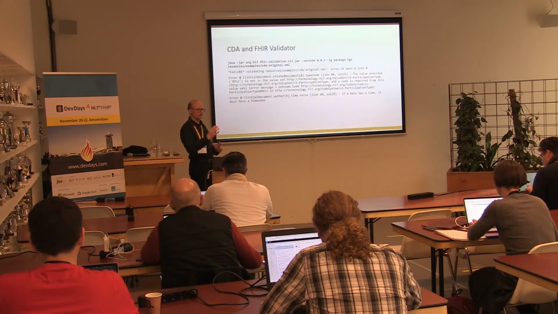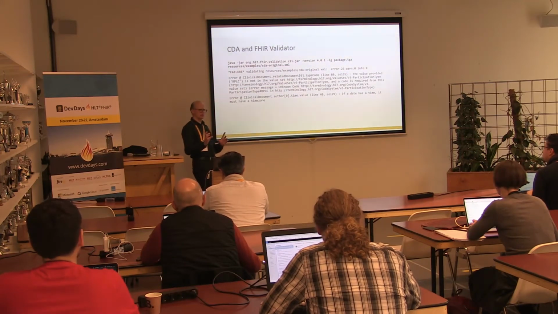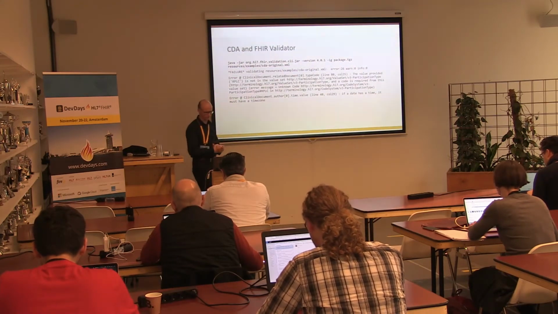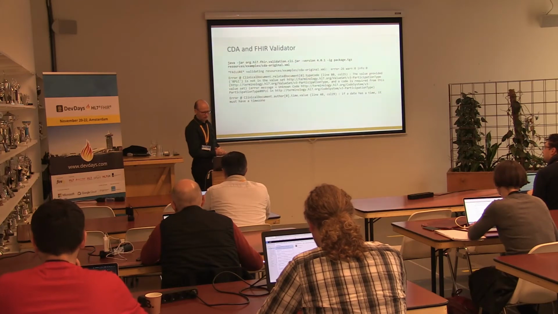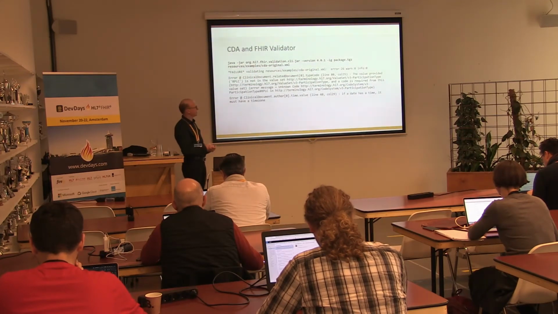There were a few simplifications made. So it's not a one-to-one copy of the CDA schema, for example, or the hierarchical description. There are some differences, maybe for historical reasons. There was a different approach. But you have the CDA stack model.